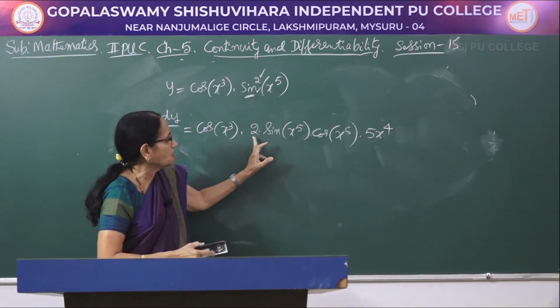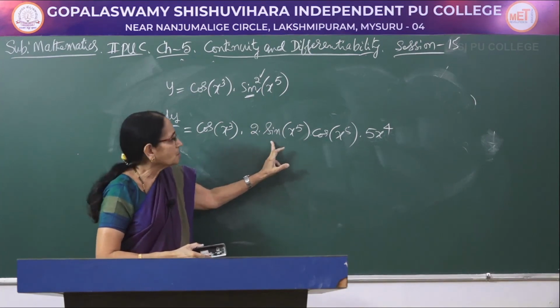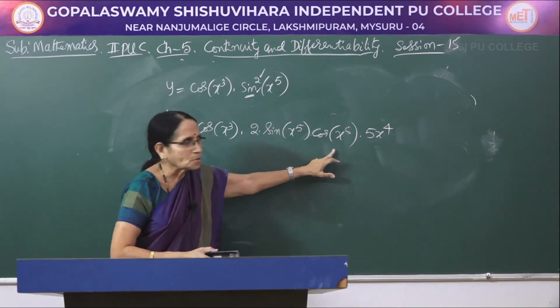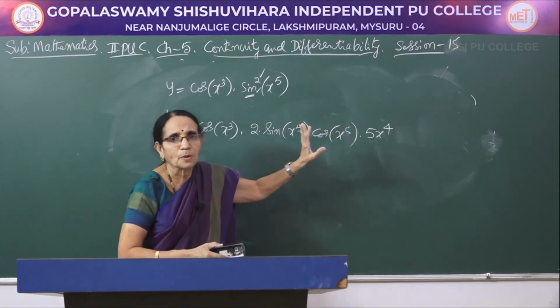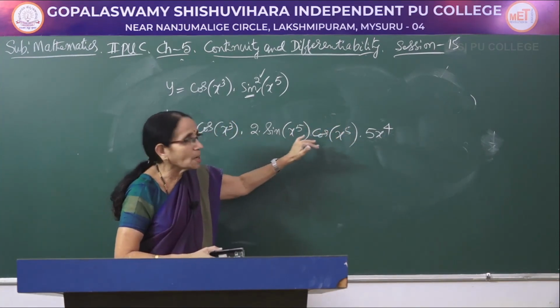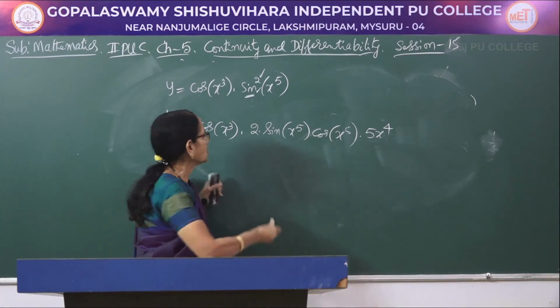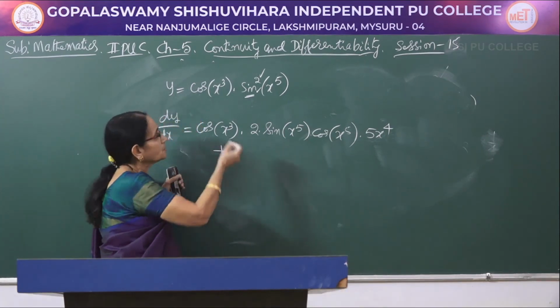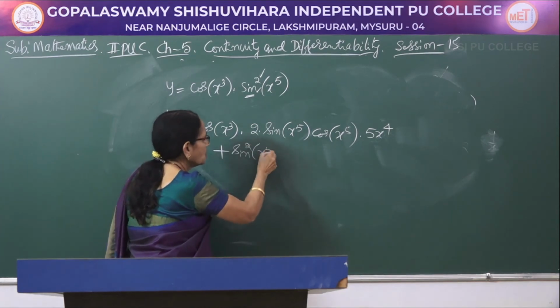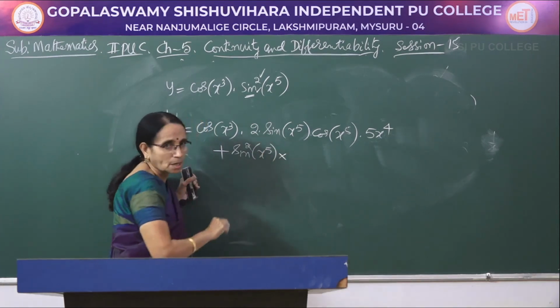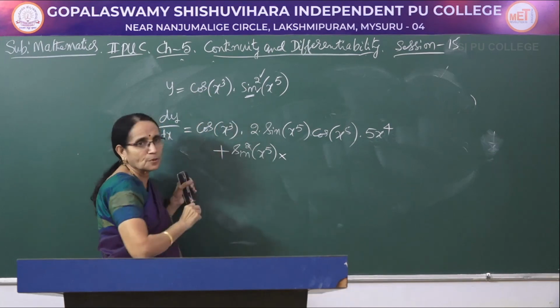Sin square x becomes 2 into sin x. Sin of something becomes cos of something. And x to the power 5 becomes 5x to the power 4. So, it is a little bit lengthy differentiation, be careful. Plus second function, that is sin square of x to the power 5 into derivative of the first one.